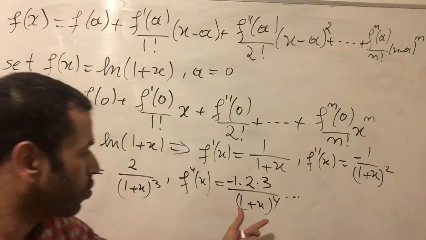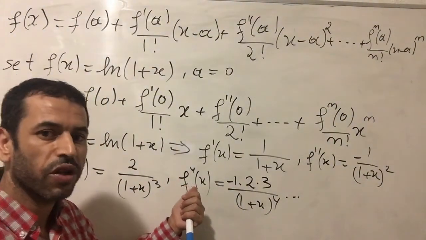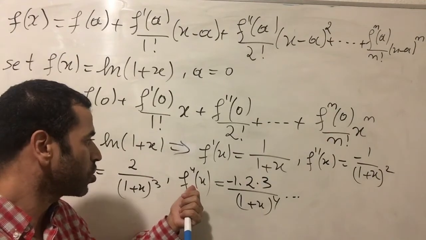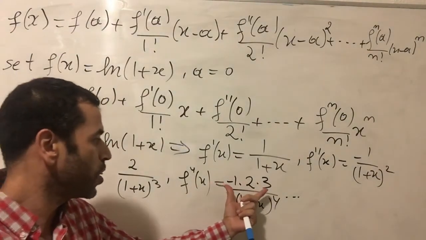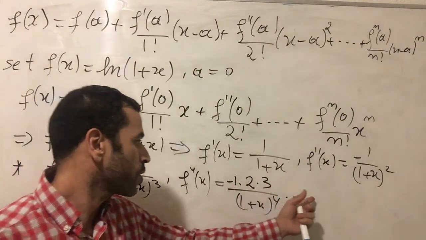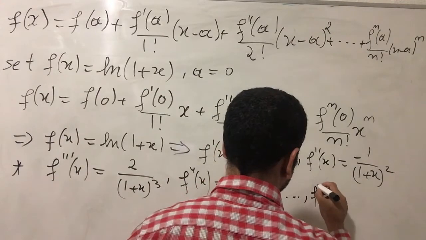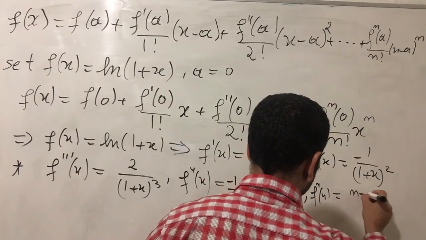So the exponent of the denominator equals the order of the derivative function, but on the numerator you see 1 multiplied by 2 multiplied by 3.